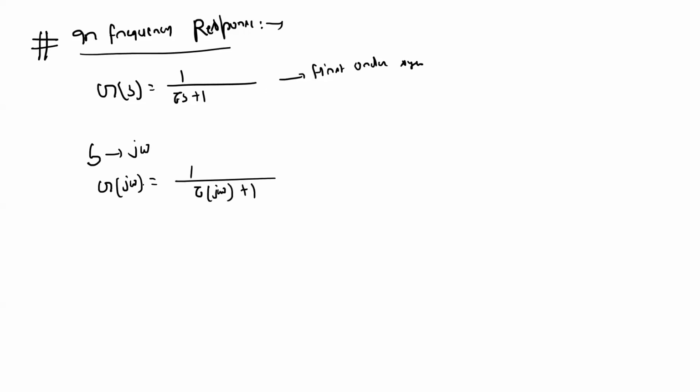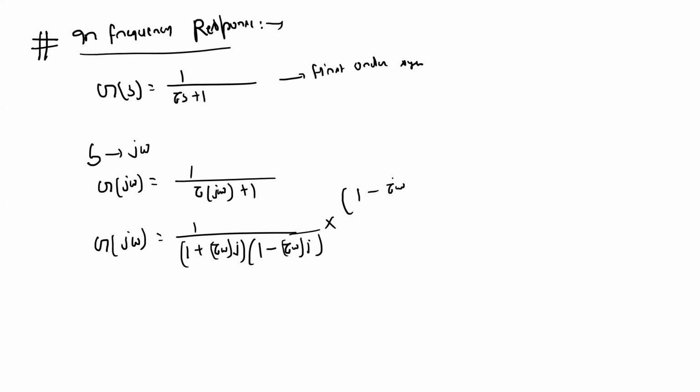Now this is in terms of a complex number. So I'll write G of j omega equals 1 upon 1 plus tau omega j, and I'll multiply the numerator and denominator by 1 minus tau omega j.